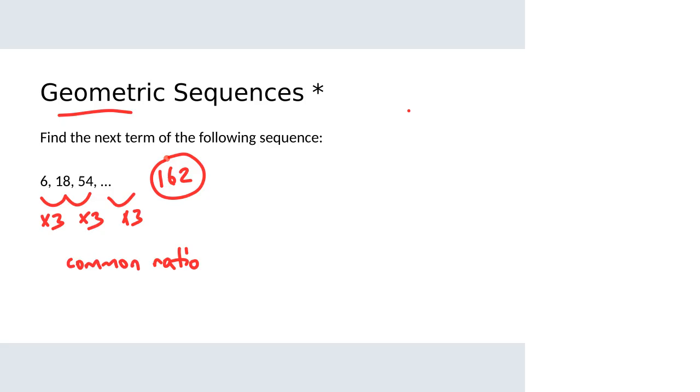Laura's question: will there be questions that ask for us to write the formula and ask us to find the nth term? In general, I like the write-the-formula question better, because finding the next term is a good practice thing. It gets you in the mindset of, is this arithmetic? Is this geometric? And am I finding the common ratio or the common difference correctly?